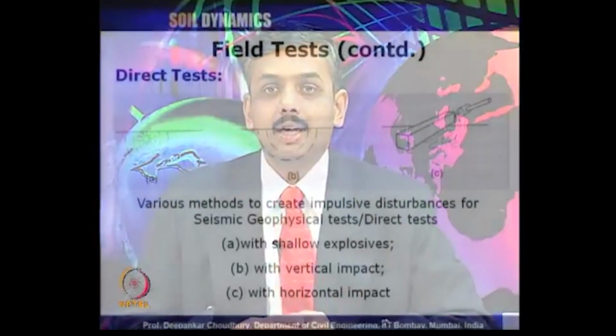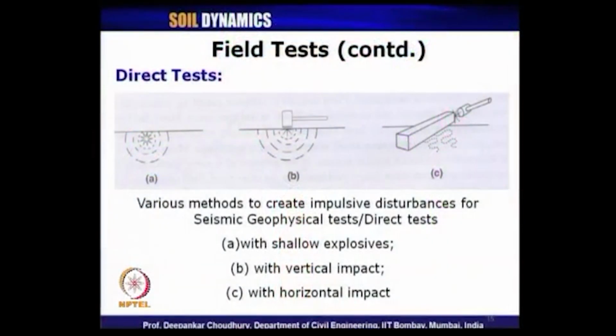Now, for the different types of direct test for field testing, what is the basic methodology? We have to create a vibration in the soil. That is the basic criteria to do a direct test for the dynamic soil properties. To create an impulse or a vibration within the soil, there are various types of methods.